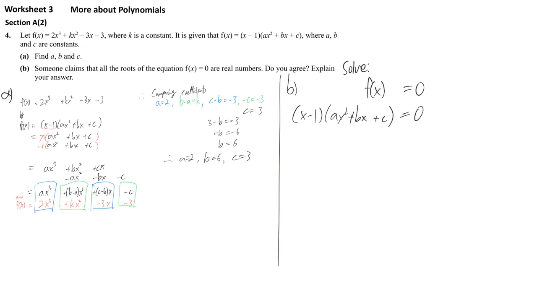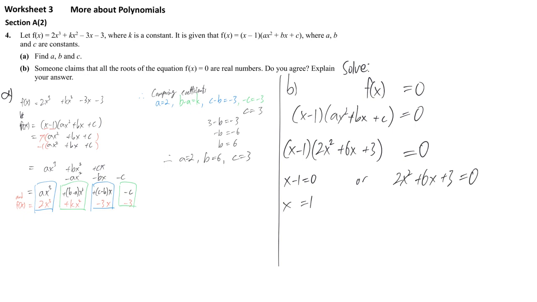This format is easy for us to further solve the equation. And a is known, which is 2, so 2x^2 plus 6x plus 3 equal to 0. If x minus 1 equals 0, the first factor equals 0, or if not, then the second factor should equal 0. This is the zero product rule.